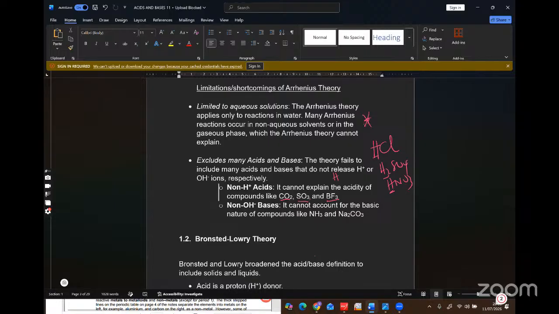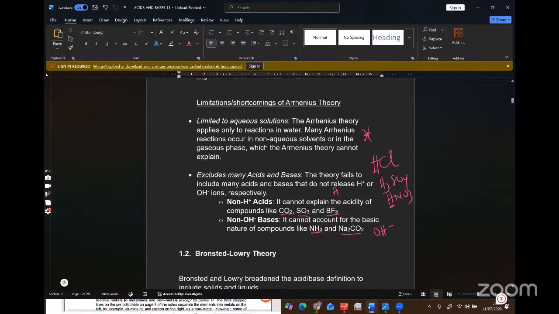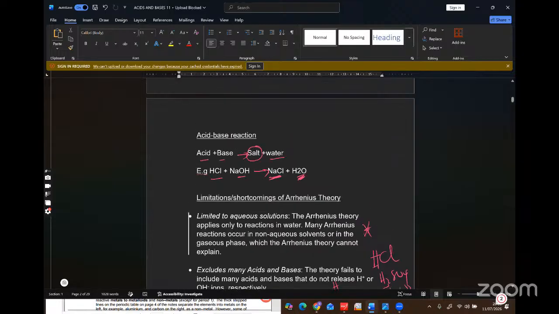And then bases, ammonia and sodium carbonate, do not have OH minus, that's the hydroxide ion, even though they act as bases. For example, they turn red litmus paper blue. Let me show you what I'm talking about.